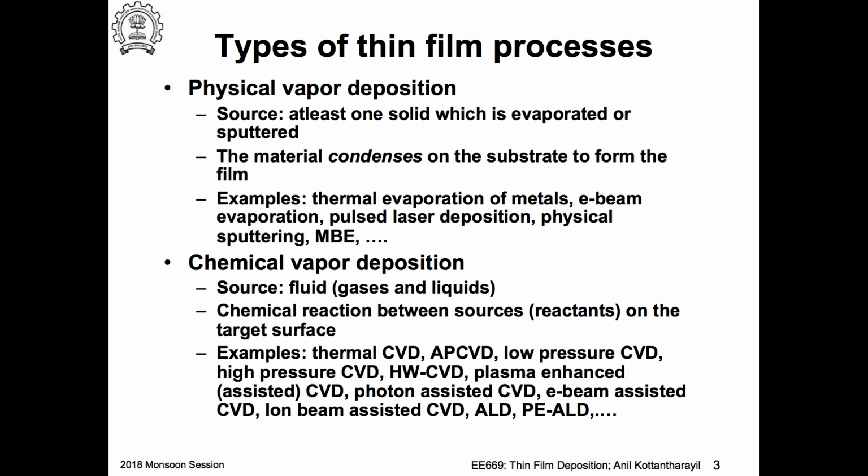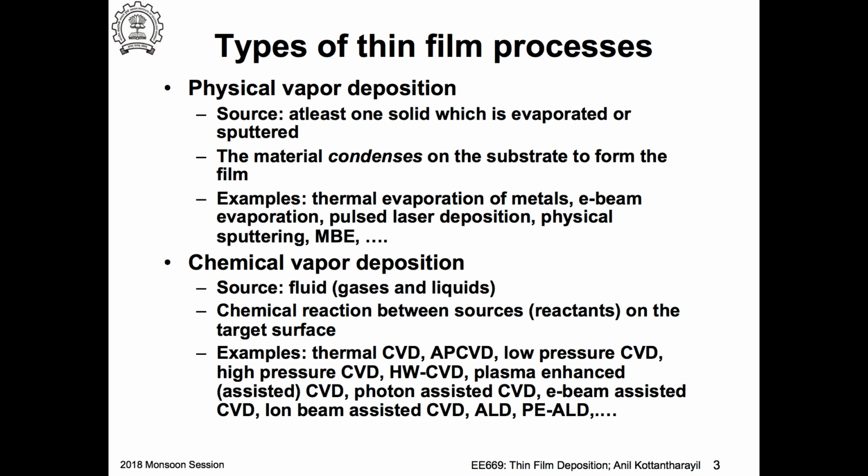And we do have in the lab now, I think, 2 or 3 molecular beam epitaxy systems. In chemical vapor deposition, you have a source which is a fluid. So this would be either gases or liquids, or you can also start with solids, but then they should be converted into a fluid form.